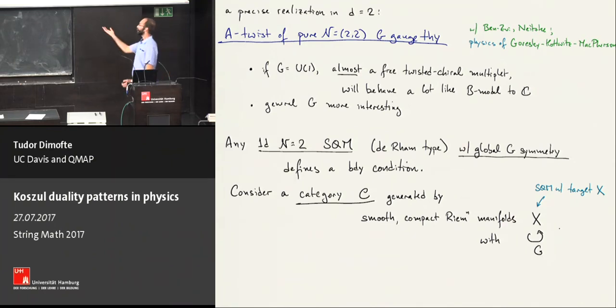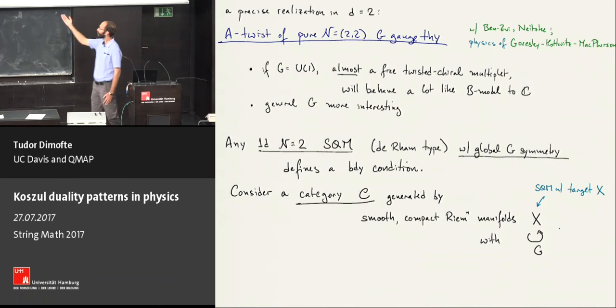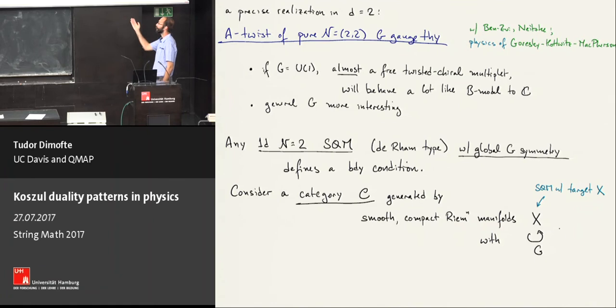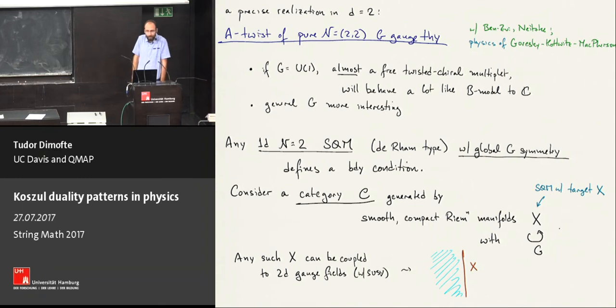In the simplest case, one can consider a category whose objects are just labeled by smooth, compact Riemannian manifolds with a Riemannian G isometry, which will become this G flavor symmetry. A quantum mechanics whose target space is such a Riemannian manifold can be used to define a boundary condition for 2D gauge theory by minimal coupling, by using the bulk gauge fields to gauge the boundary symmetry.